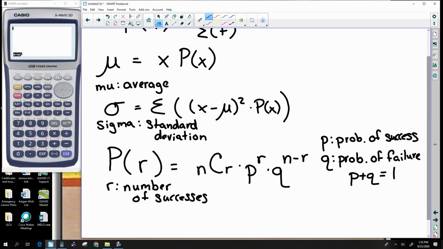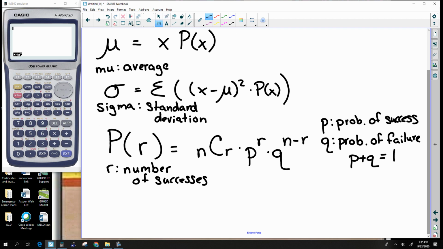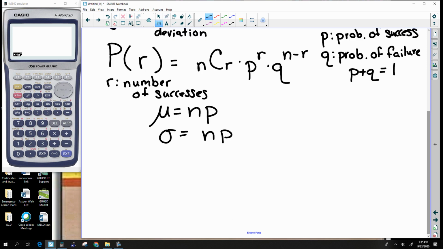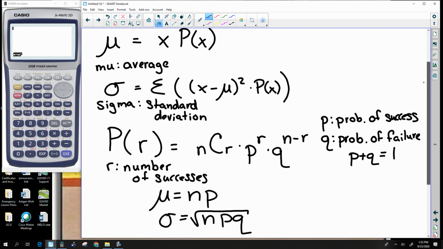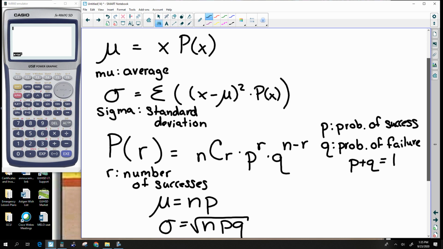So if probability of success is 75%, failure would be 25%. And then we have the average, or the expected value from that, which is N times P, and the standard deviation, which is N times P times Q, rooted. Again, we're not going to worry about these until a little bit later, but this will pretty much complete your formula sheet as far as this chapter is concerned.